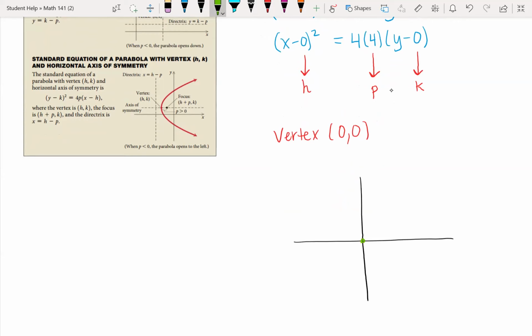So here's my vertex. Because p is equal to 4, the focus point is going to be here. I know that the graph is opening up because p is a positive value, right? And so the graph is going to look something like this. So I think that the focus point based on the graph that I have there is the point 0, 4.